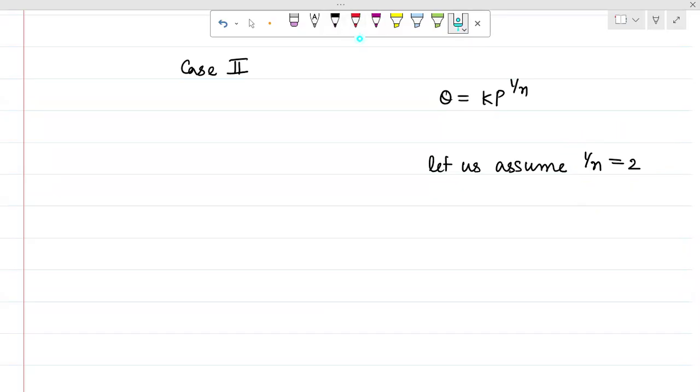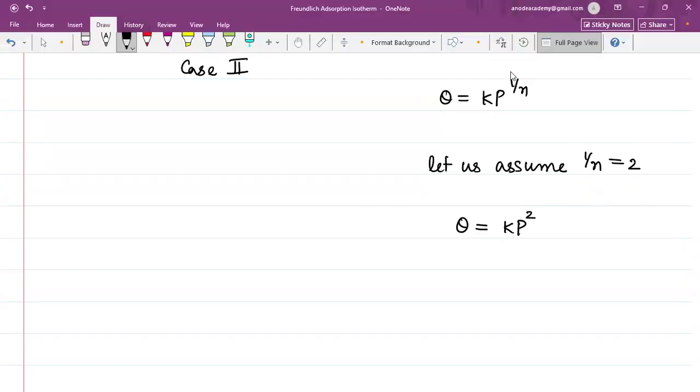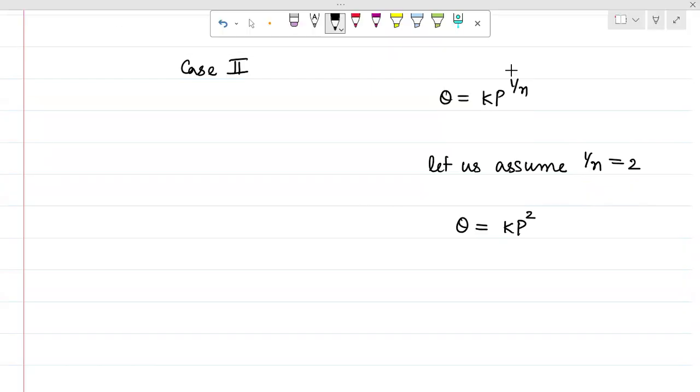So if 1 by n is equal to 2, we can write theta is equal to kp to the power 2. Let's say this is the case. If we have to plot theta versus p, the form that you have is y is equal to ax square.